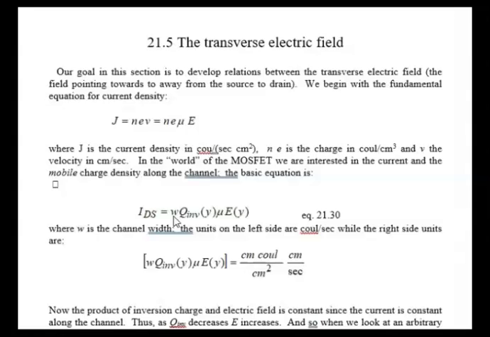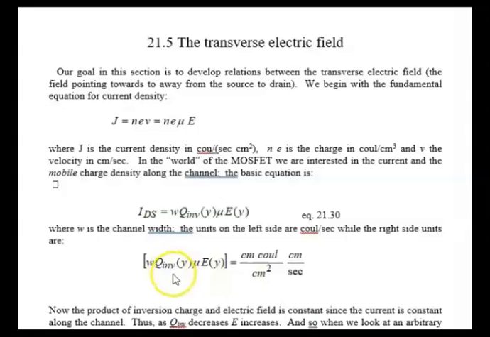W is the device width. It's the dimension into the paper or into the board. And Q inversion is the mobile inversion charge. And of course, it also varies as Y. It goes down, and electric field goes up. So there's an inverse relationship between Q inversion and the electric field.